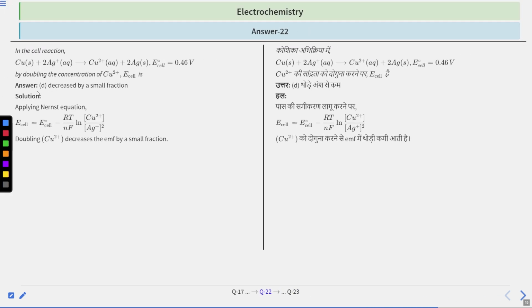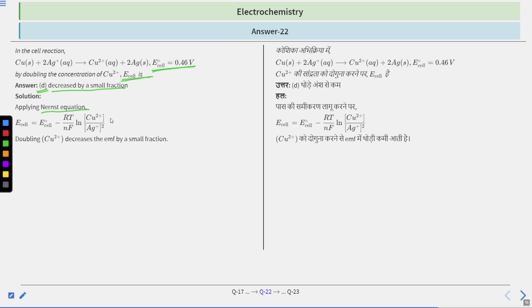The correct answer is option D, that is decreased by a small fraction. So we have been given the E naught cell value. We have to tell the effect on the E of cell value of doubling the concentration of Cu2 positive. So we just use the Nernst equation here, which is E of cell equals E naught of cell minus RT by nF ln product side concentration divided by reactant side concentration.